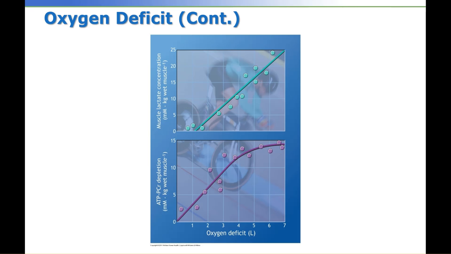The need for oxygen is shown at the top there, because initially there's an oxygen deficit in the beginning, and then the leveling off occurs because the oxygen is being utilized to remove the lactate.